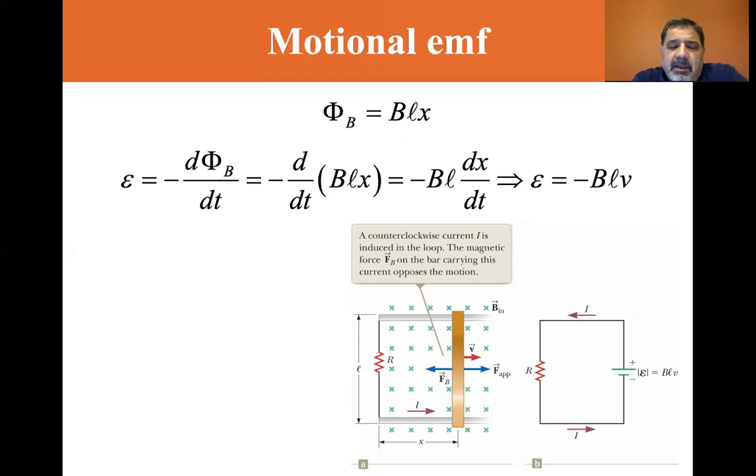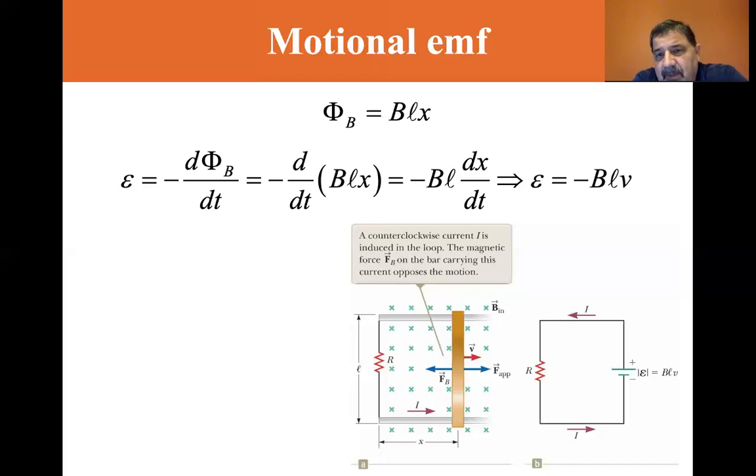So the induced current comes from the induced EMF, which is, remember, E is equal to minus d phi dt, which is equal to minus ddt of BLX. Well, what is dx dt? Let's take dx dt. That's equal to the velocity.